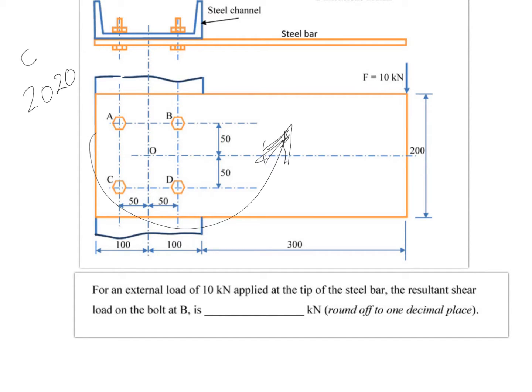So this force has two effects: one is to make the steel bar slide down, and the other is to make it rotate about this point O in the clockwise direction. So the physics is told in words. Now let's see how we can convert the same into a free body diagram.